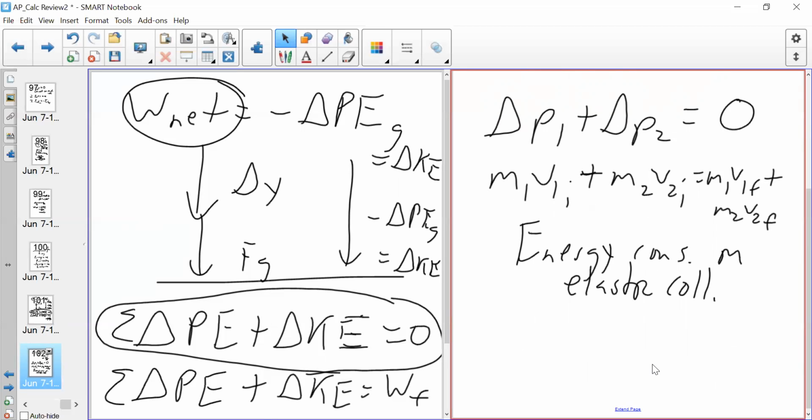Most of these equations you'll see on your equation sheet. I would review them today, and I would definitely take a look at them the day of, to simulate them.